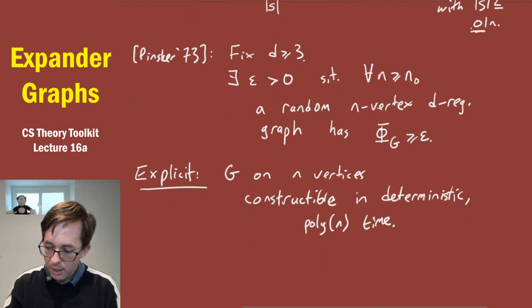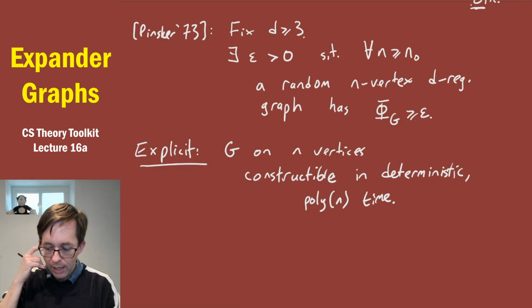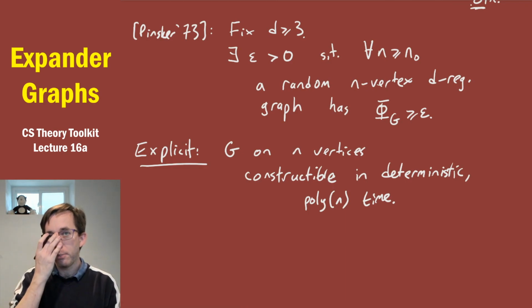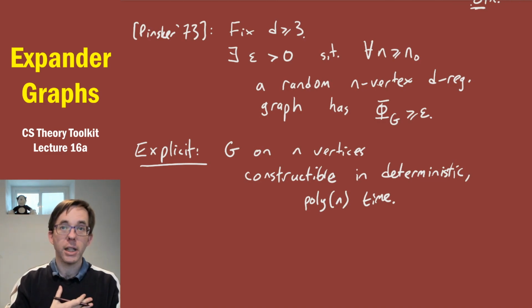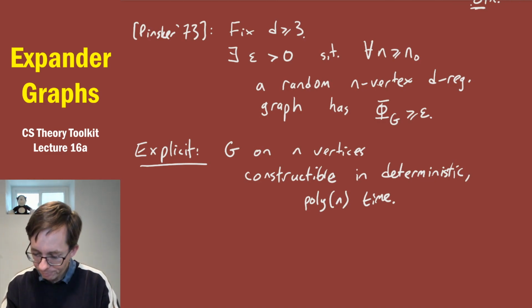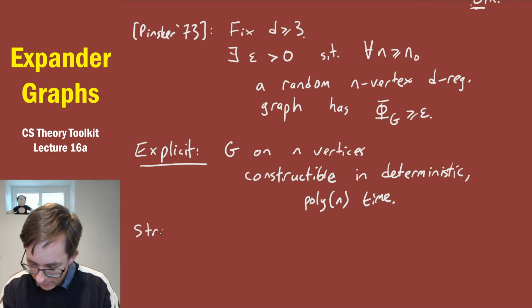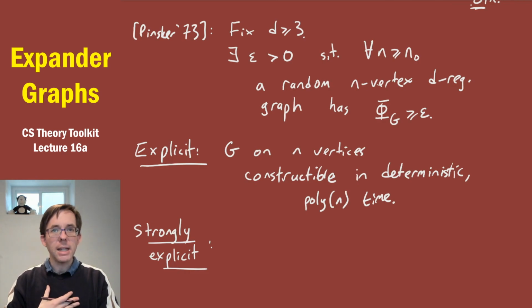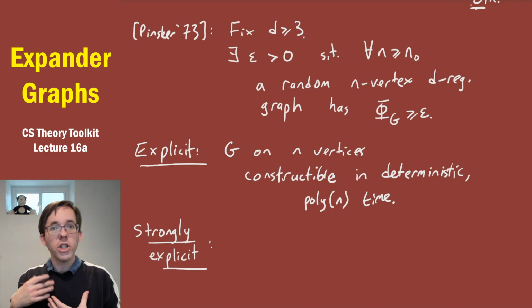In fact, believe it or not, there's even a stronger notion of explicitness, which will be crucial for some applications, such as applications in derandomization. Let me say what that is. So to say that some graph families are strongly explicit basically means that in deterministic polynomial time, you can construct a graph on 2 to the n vertices, which is a good expander.